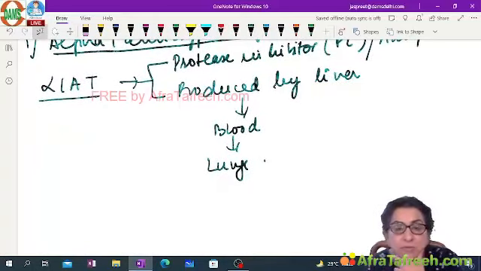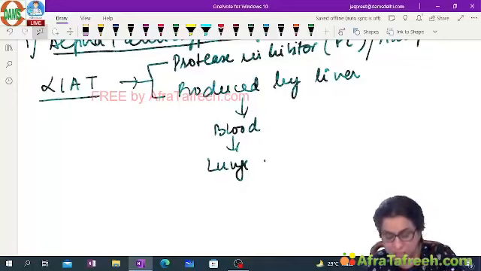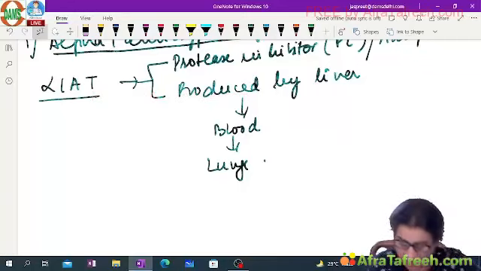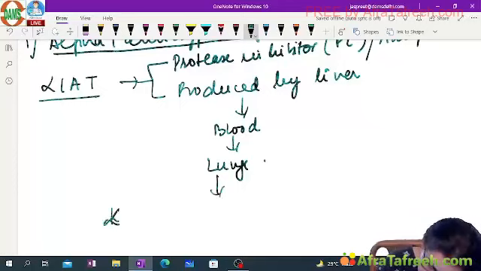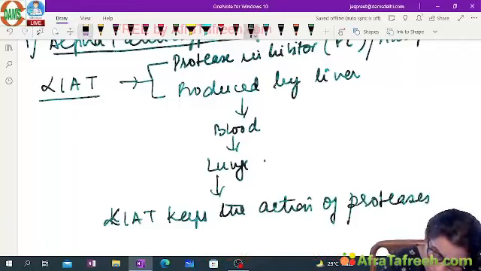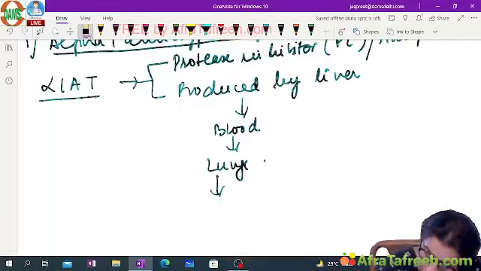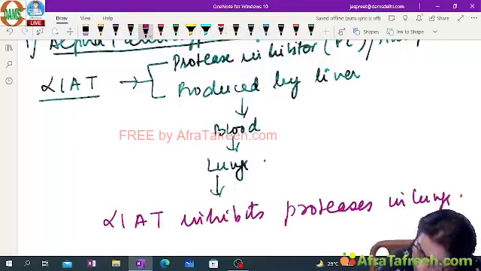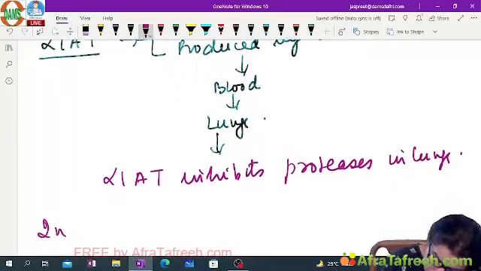In the lungs, alpha-1 antitrypsin keeps the action of proteases in check. It inhibits proteases in the lungs. Now, in lungs, who produces proteases?